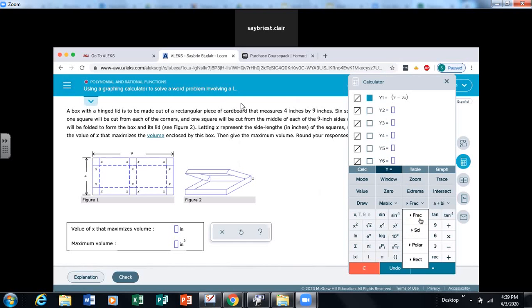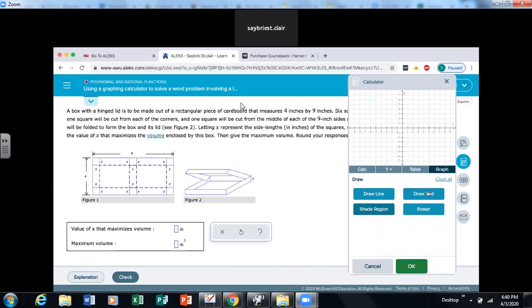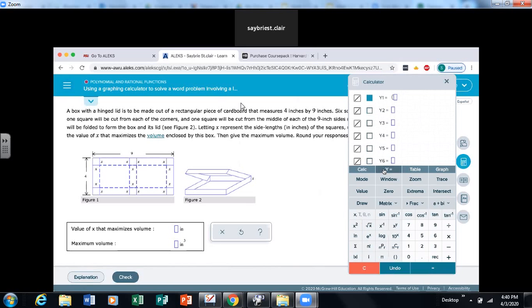Maybe you gotta hit that fraction thing before you type anything in there. So parentheses, I don't know. Alright, there it is. So 9 minus 3x, and that's over 2.